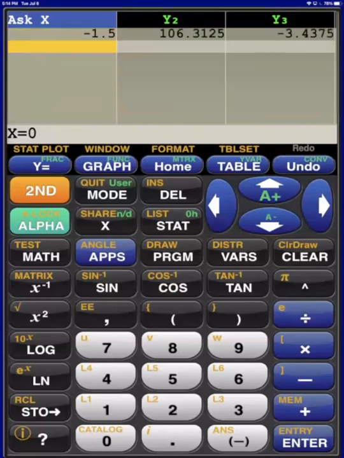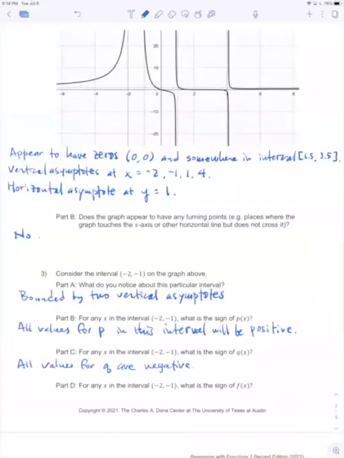And you can see the y2, which is p, is positive, and the y3, which is q, is negative. So that's one quick way to do this. So f was defined to be p over q. p was going to be positive, q is negative, so that would make that entire fraction negative.